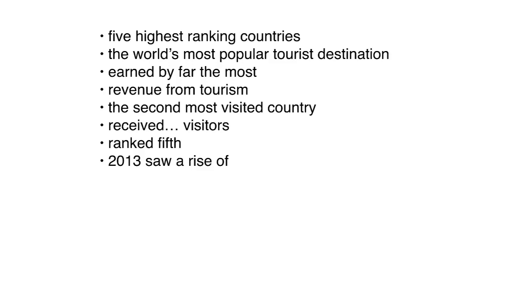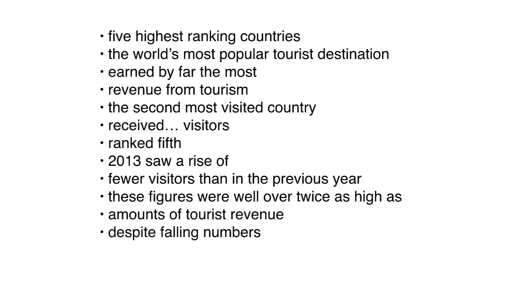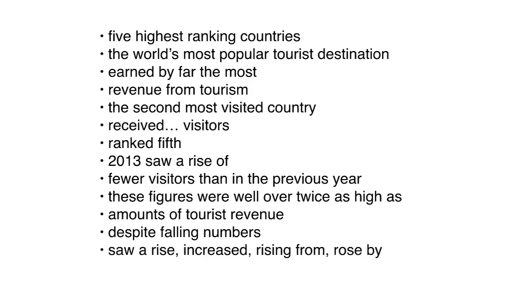You can say France saw a rise in number of tourists, or the year in this case, 2013, saw a rise of. Fewer visitors than in the previous year. These figures were well over twice as high as. Amounts of tourist revenue, despite falling numbers, and saw a rise, other change language, increased, rising from, rose by.